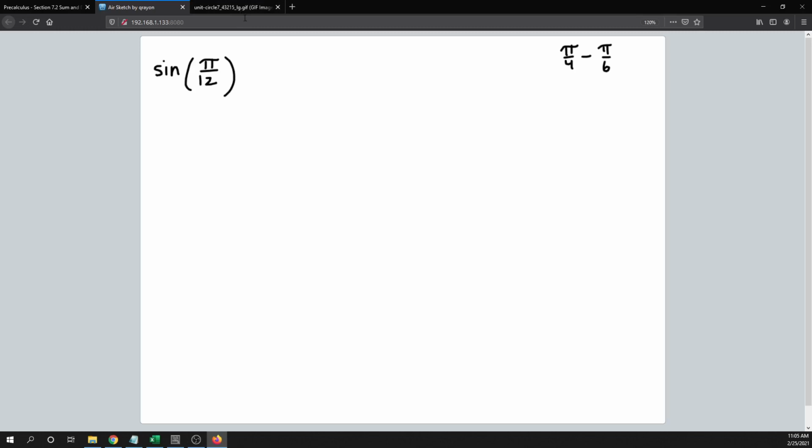one way to think of it, or maybe an easier way if you're not used to thinking in radians, is to check yourself using degrees.